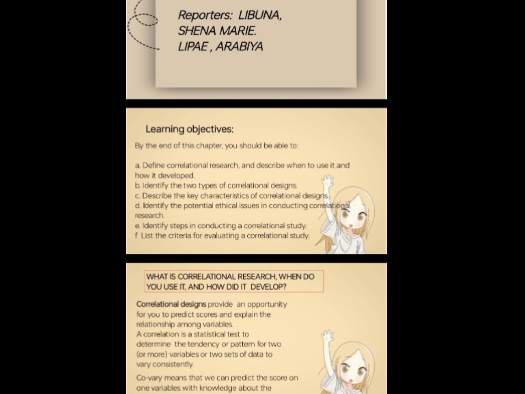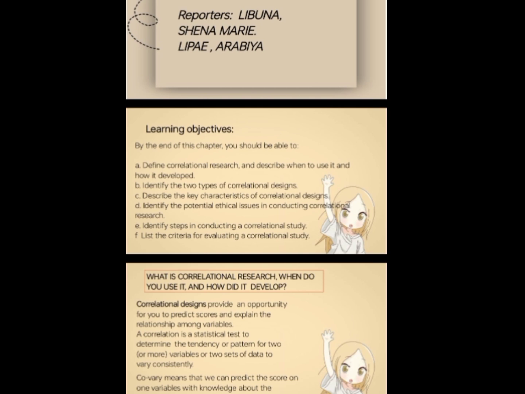In other words, they help to understand how variables are related to each other. So when we say two variables covary, it means that they tend to change together in a predictable manner. For example, let's consider the relationship between study time and exam scores.